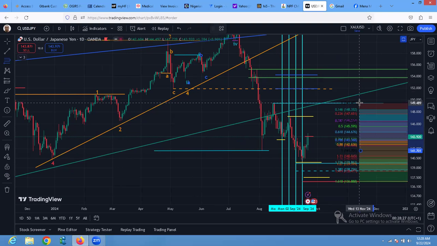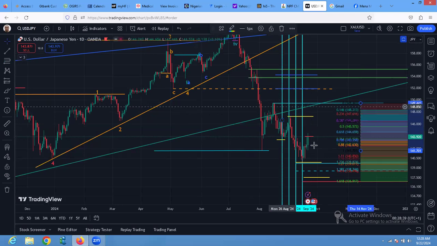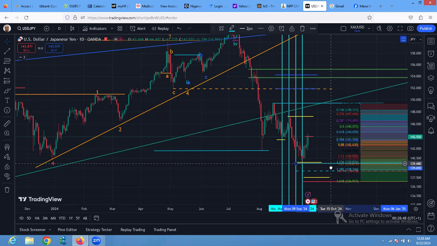This is actually reacting around 1, 2, 3. If this is an A wave, this is a B wave. It's actually reacting around 1, 2, 7 area. That's why we're getting this reaction.